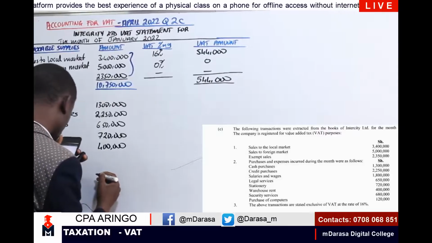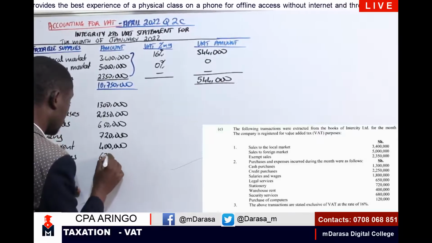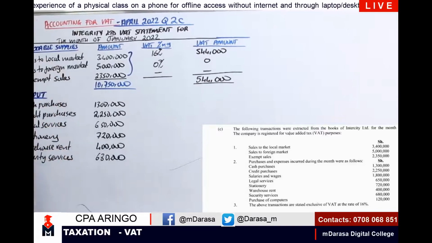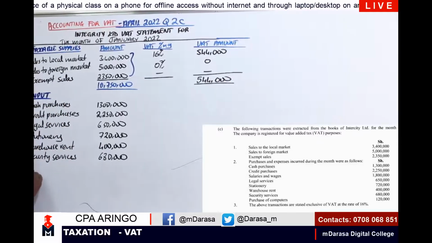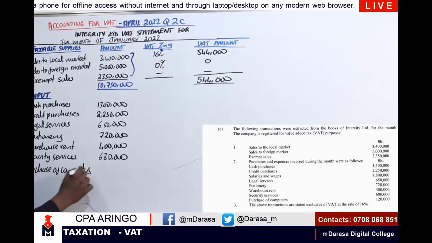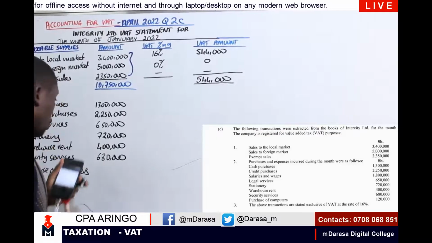Security services, I'm given 680,000. Purchase of computers, I'm given 20,000.